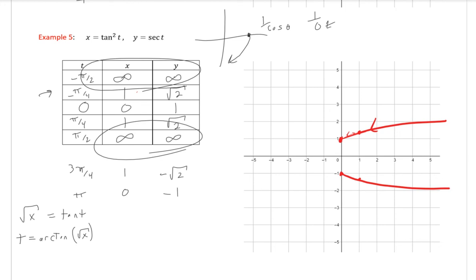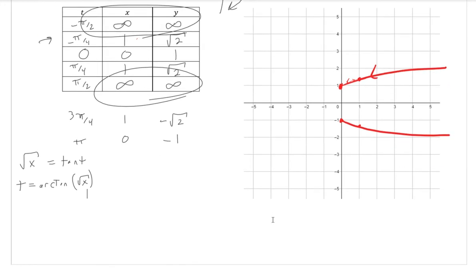Now what arctangent means is that if I have some unknown angle measure, in this case t, the tangent of that will give me a ratio of root x over 1. Well, that means opposite over adjacent, that's root x here and 1. And therefore the hypotenuse would be the square root of root x squared plus 1 squared, or just square root of x plus 1.